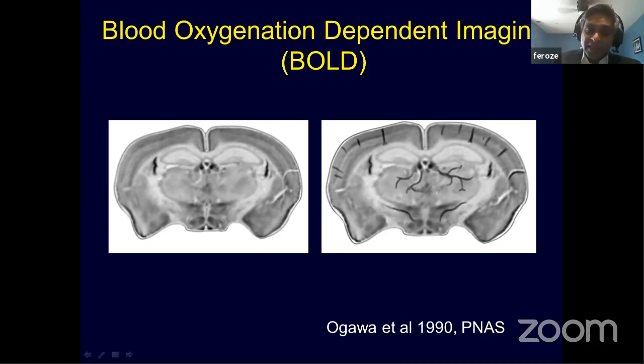And then, of course, with the dissection and so on, he found that these were all coming from the blood vessels, venules and arterioles.